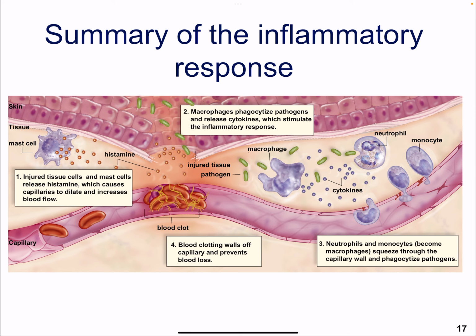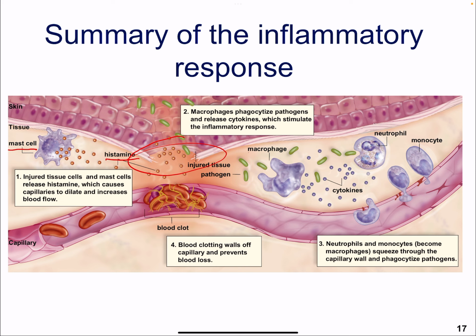So here we do have a summary of the inflammatory response. So typically, you will have a breach that occurs in the skin. That injury is going to trigger a number of events, including the mast cells that will start releasing histamines, and that histamine that is released is going to trigger a number of actions, including vasodilation, right?